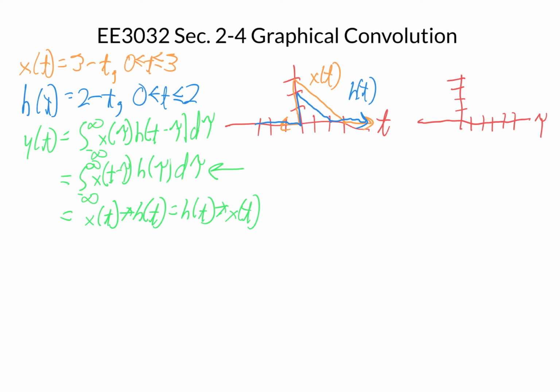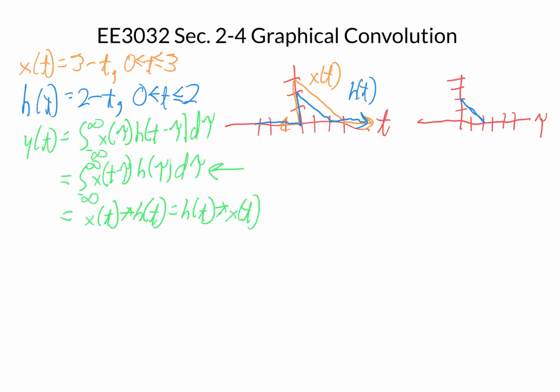So we're using the second form, so the h function is not moving at all. So the h function, I just make it a function of tau instead of t, and it's that line there. To make the diagram a little cleaner, I am going to avoid drawing out the portions that are 0. Then we have the transformed x function. So first thing we do is we take x and we mirror it, because there's a negative tau in there.